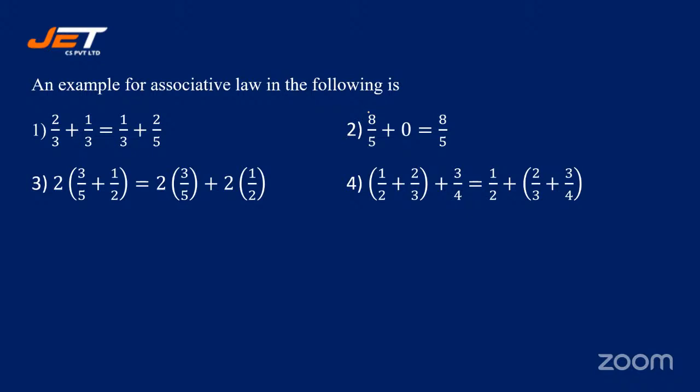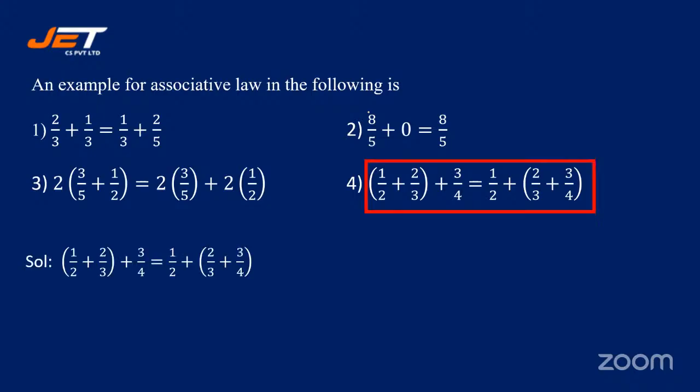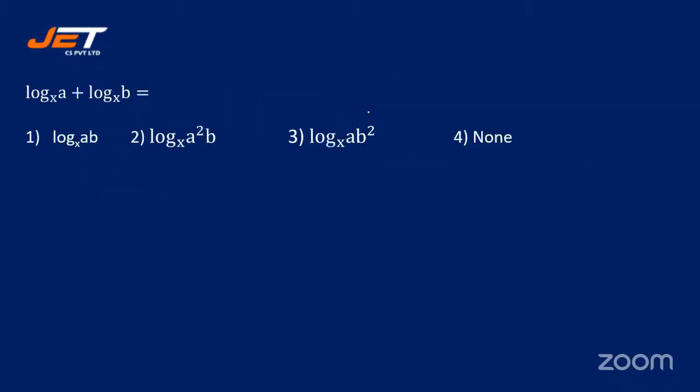You should not get confused between the third option and the fourth option. Associative law says a plus b within bracket plus c is equal to a plus within bracket b plus c. So it is option 4. All right, see the next question.